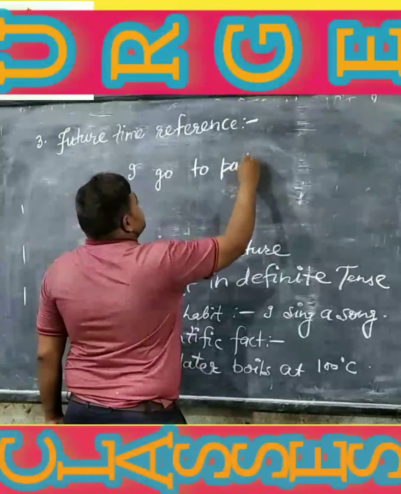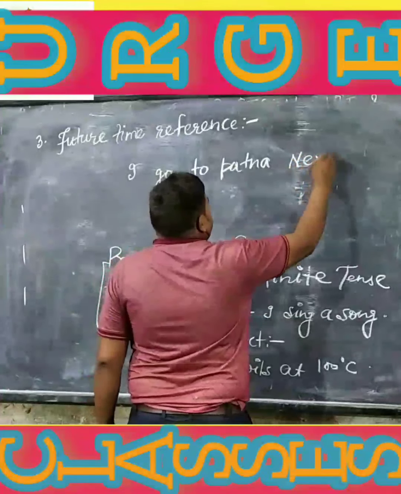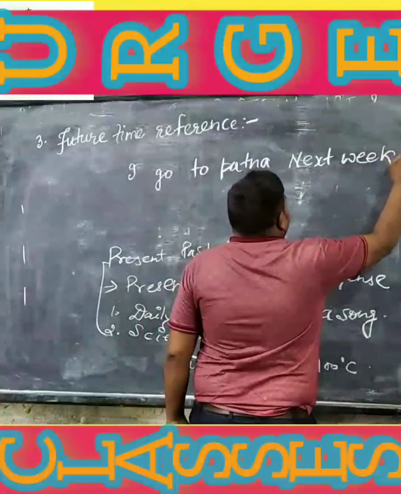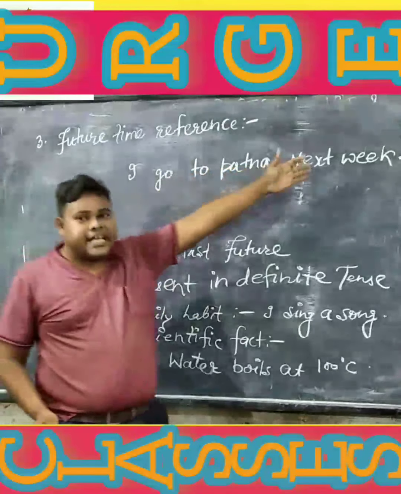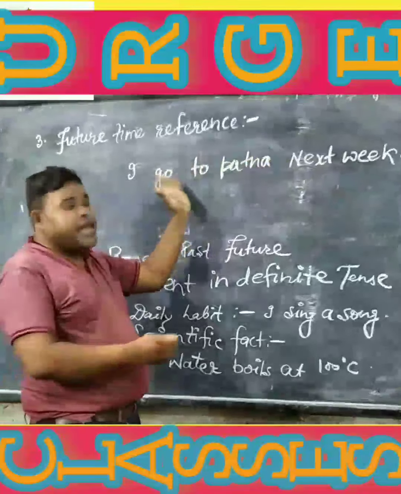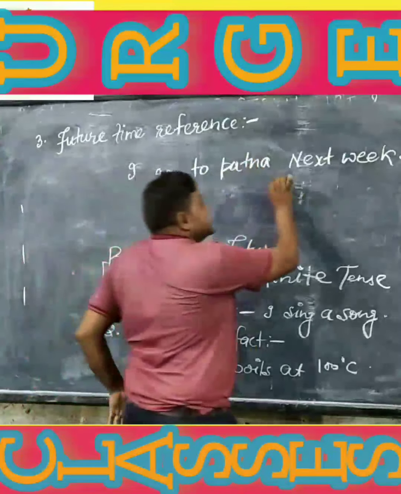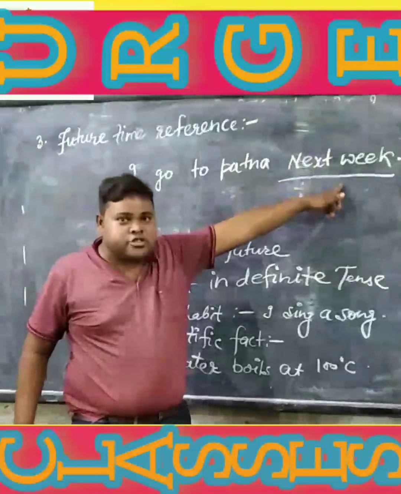I go to Patna next week. Through this example you can see that I go to Patna next week. Here we are applying the structure of simple present, but this very word, next week, gives us the reference of future.